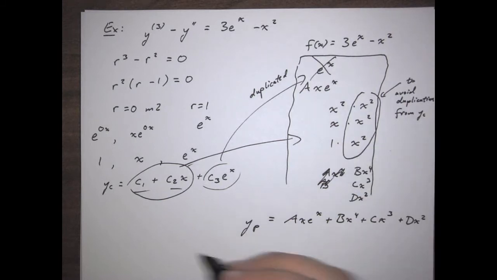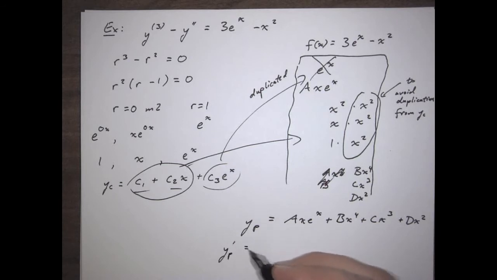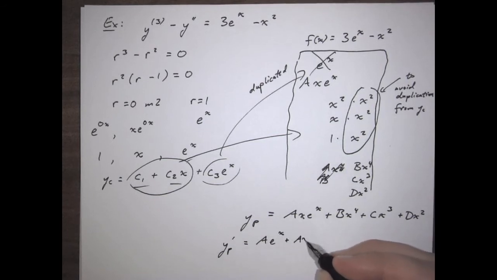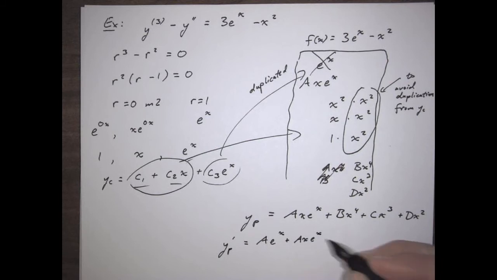Alright, well, then what that means is that for my y p prime, I'm going to have to take the derivative, and here again the product rule, a e to the x plus a x e to the x.